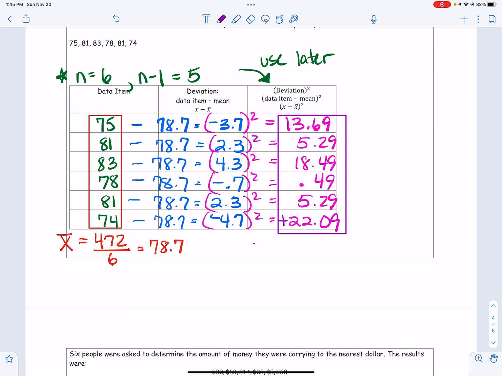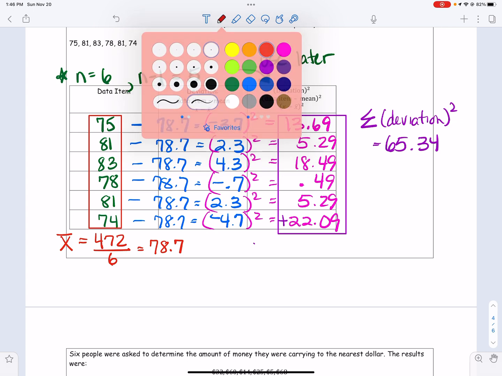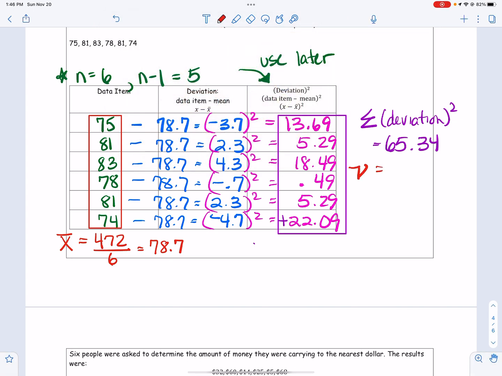So when I add that up, the sum of the deviation squared gives me 65.34. Okay, and I now have to find the variance, and the variance is that number divided by n minus 1.